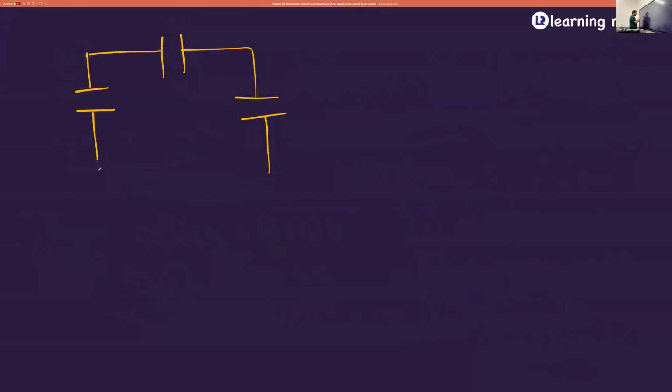Do it with pencil till you get practiced. Current will flow from higher to lower. If it is going to this junction, what will happen to the current? It will get split. Let me call that split I1 and the remaining will be I minus I1.